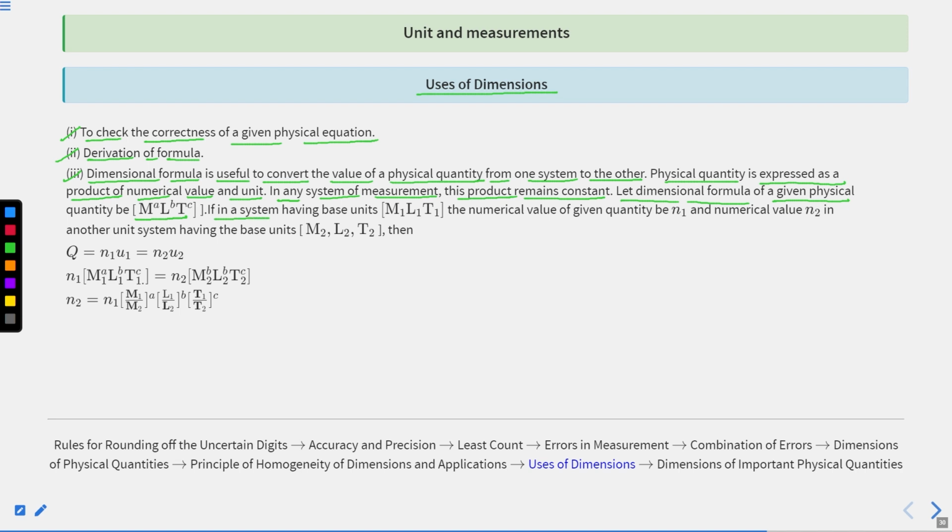If in a system having base units this m1, l1, t1, the numerical value of the given quantity is n1, and the numerical value is n2 in another system having base units this, then we can calculate using this formula. N1 U1 equals N2 U2.